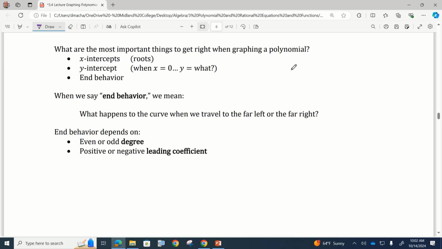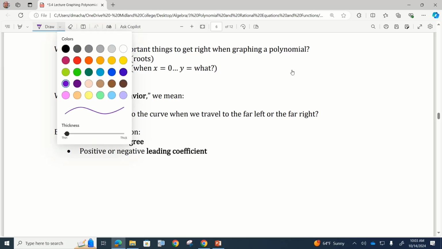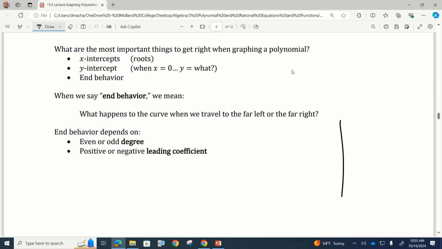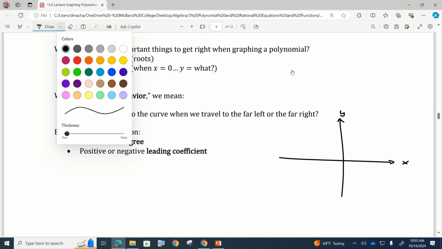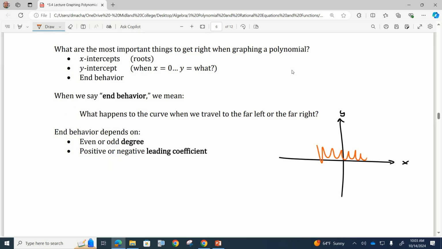And when I say end behavior, what I mean is, if you're looking at a graph, there may be a whole bunch of action happening in the middle here, but the end behavior is what is happening if I go far enough to the right.